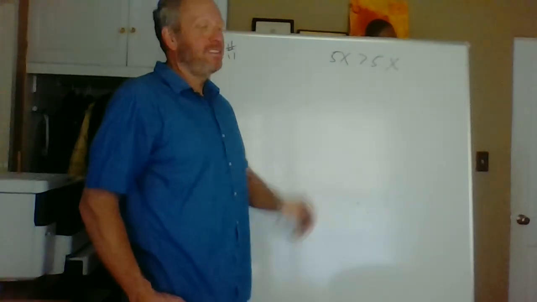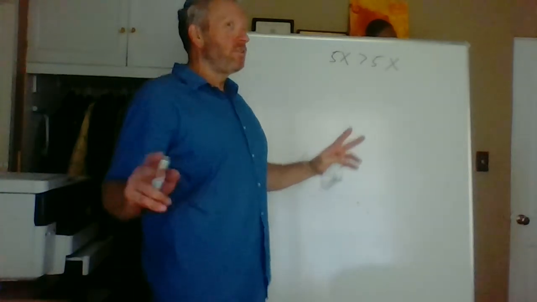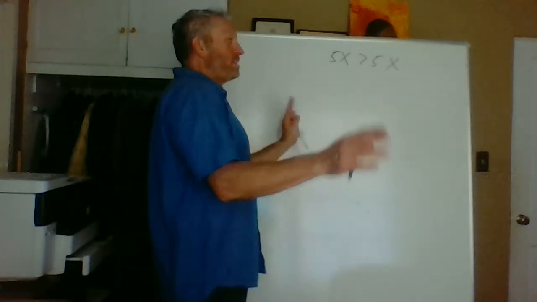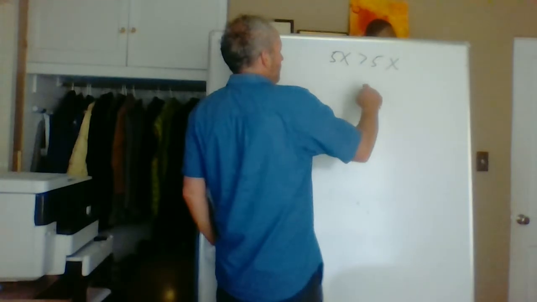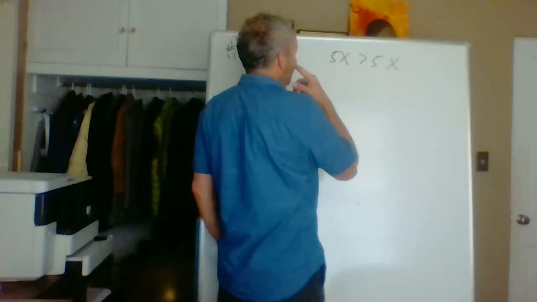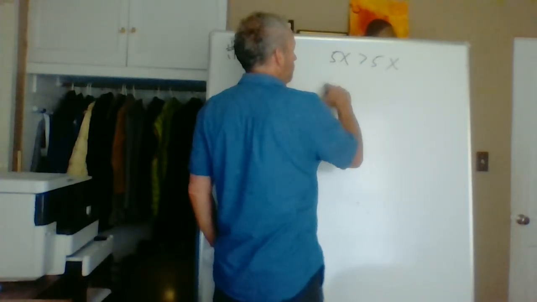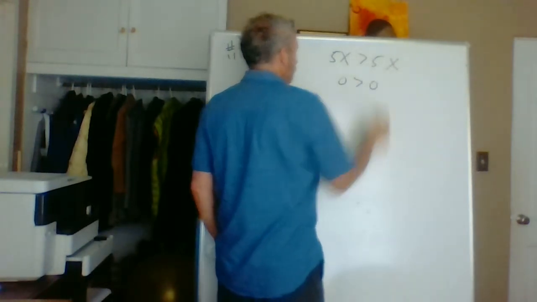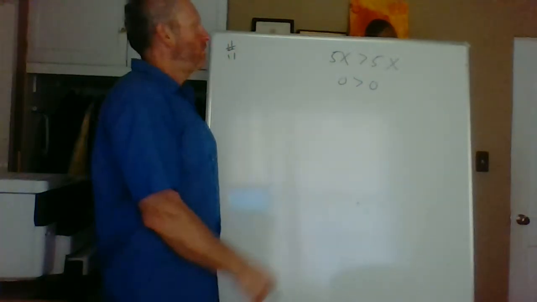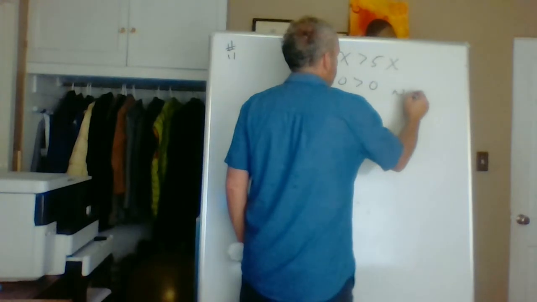And it can't. But let me proceed to try to solve this. Let's say I just didn't notice that. How about if I subtract 5x from both sides? If I subtract 5x from both sides, I would get 0 is greater than 0, and 0 is not greater than 0. So the answer is no solution.